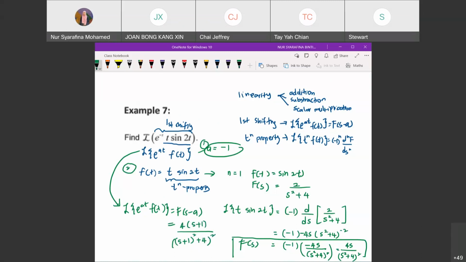Okay? So this is how you transform, because this involves two properties altogether. All right. Anyone has a question? Okay, everything's good?